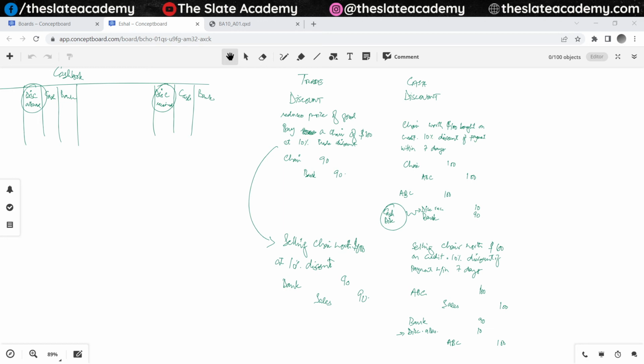The format would be that the debit transactions are slightly indented towards the left, and all the credit transactions are slightly towards the right.